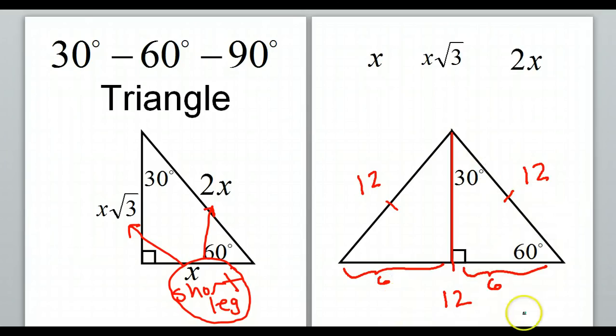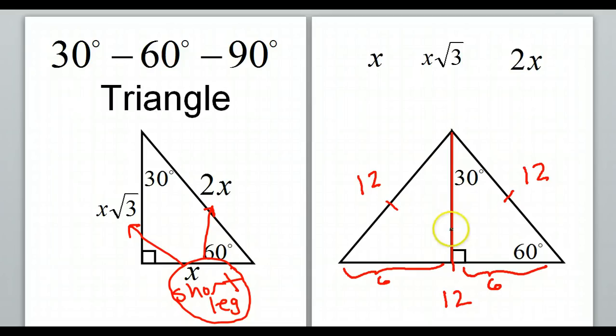Of course this is 12 and this is 12, but then if you drop an altitude, that's going to be 6 and 6. So that's where this x and 2x comes from, because the 12 is the whole side of an equilateral triangle, but this short side, the short leg, is always going to be half of that.